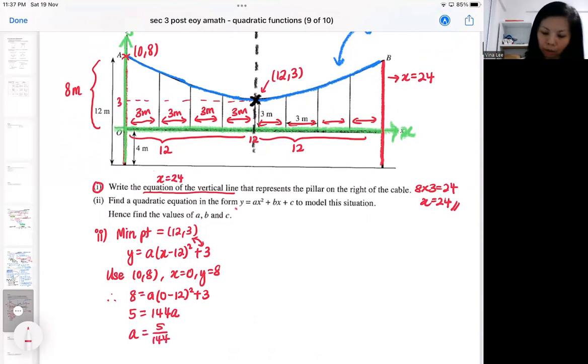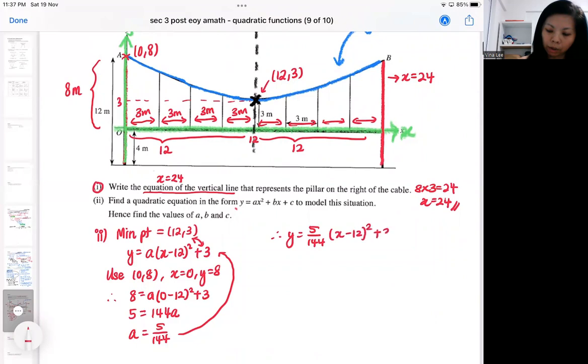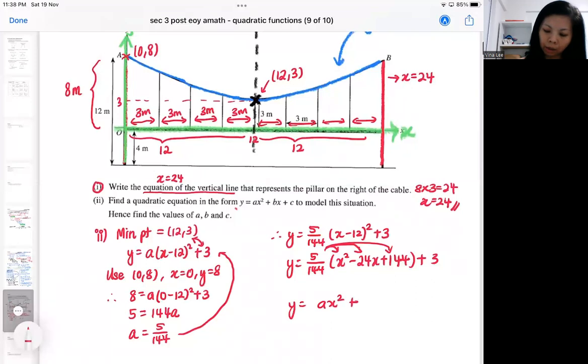Once I get my value of a, I return it to the complete square. After that, I can do my usual expansion, the expansion that we learned. You have to slowly work out your expansion to eventually get your a, b, and c.